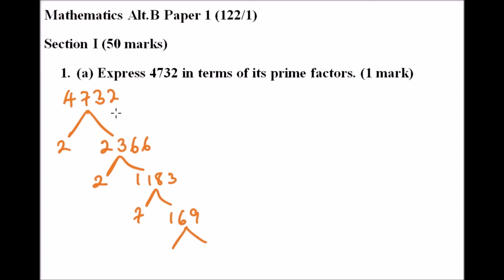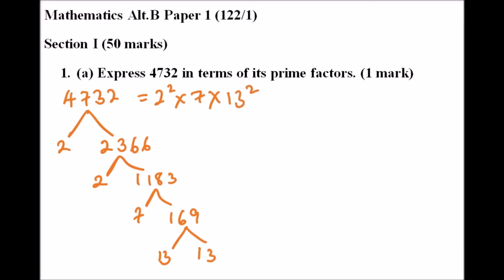Let's try 13. 13 is possible, and you get 13. So this means that the prime factors of this are 2 squared, multiplied by 7, multiplied by 13 squared.